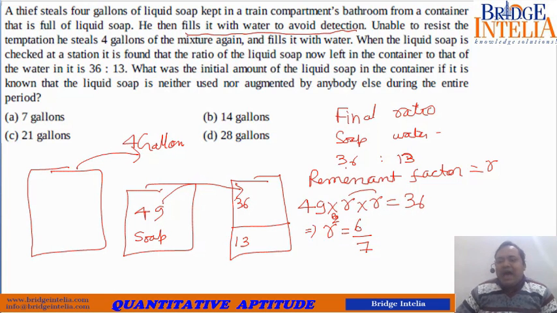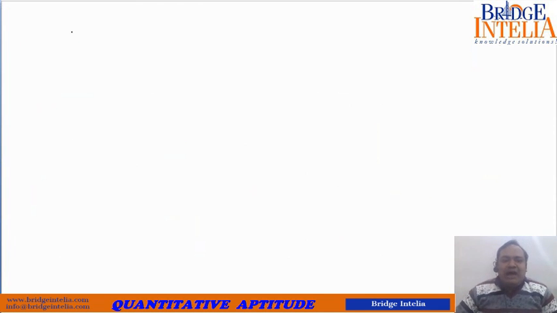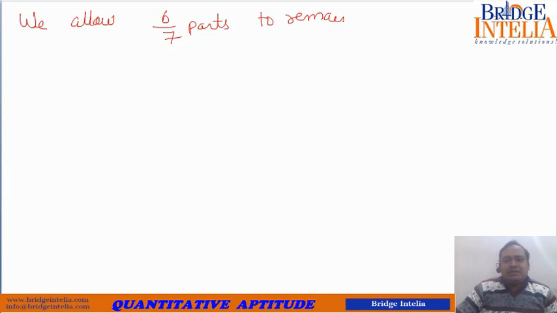So if R comes out to be 6 by 7, it means we are allowing 6 by 7 parts to remain behind, and hence 1 by 7th part is eliminated, is removed.